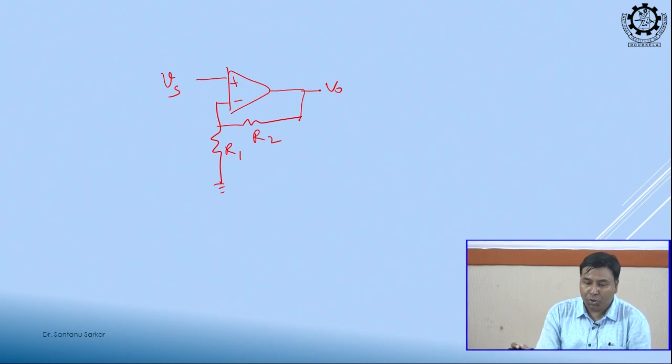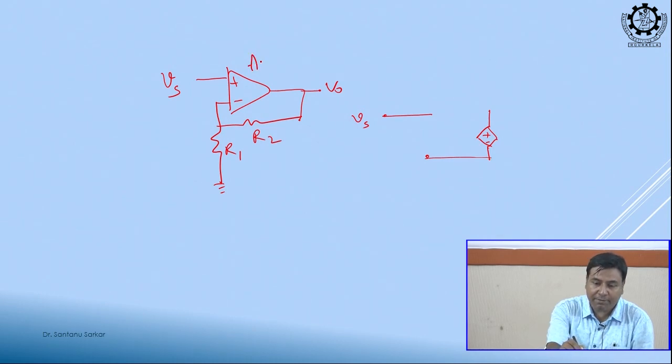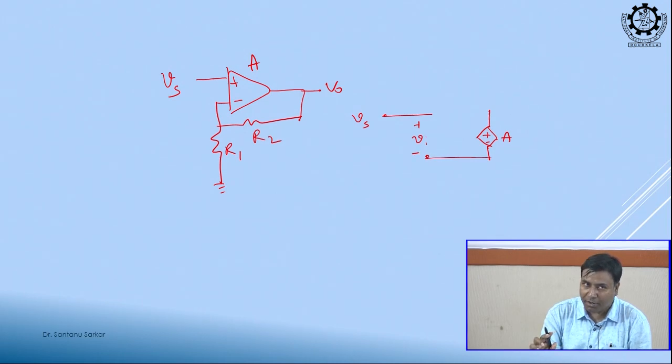If we want to model this with a two port network, this is our input, and if we consider infinite input impedance, this is our gain block, suppose with open loop gain A, and this is Vi, the differential input, between this terminal and this terminal.